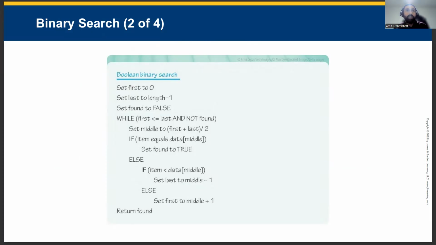Basically, binary search makes you set some of the variables first and then loop until the condition of first is less than last and not found is satisfied, and basically divide the data into half each time you go through that while loop, reducing the search space further, and then return when the item is found. So let this algorithm sink in.